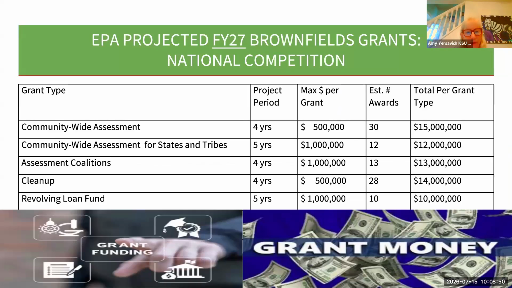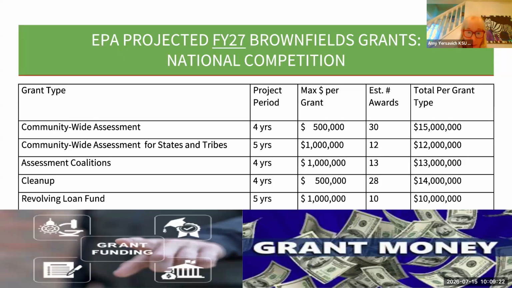So John already put this up, so I won't spend a whole lot of time with it. What I did want to point out is there are fewer numbers of grants being offered in all the categories this year. So it is going to be a competitive round. Just to give you an example, in previous years, approximately 140, 150 assessment grants, and that would include coalitions, community-wide, and states and tribes added up together.